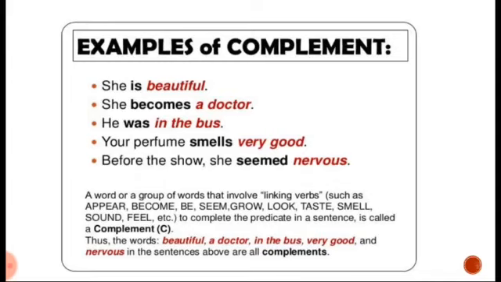Your perfume is the subject, smells is the verb. Again very good is the complement. You can see here it is also an adjective, not a noun. Before that, she seemed nervous. Seemed is the verb and nervous is the complement. All these are complements, and a complement is added to complete the meaning of the sentence.